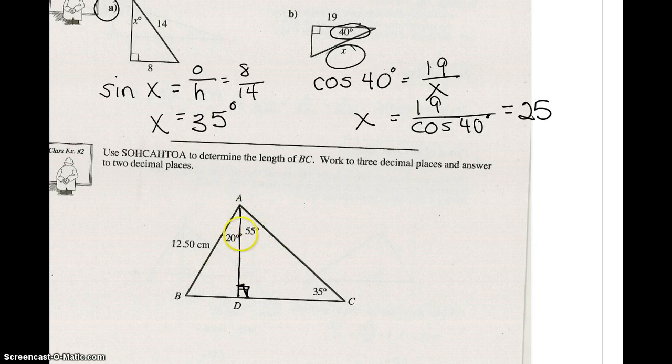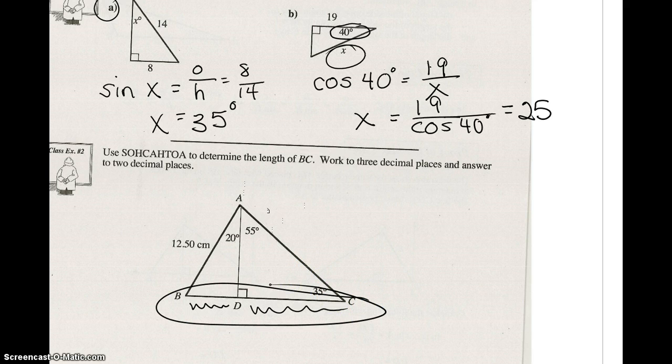Once we have AD, which is the perpendicular height, we can solve for our BD, and we can also then solve for DC. Once we have both of those values, we can then determine the entire value of BC.